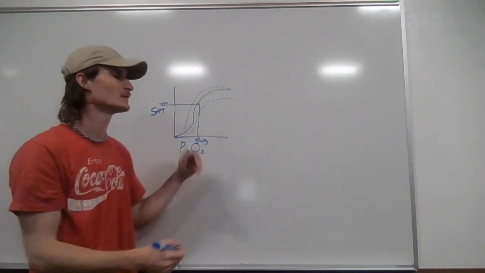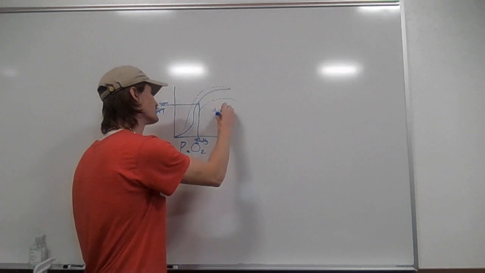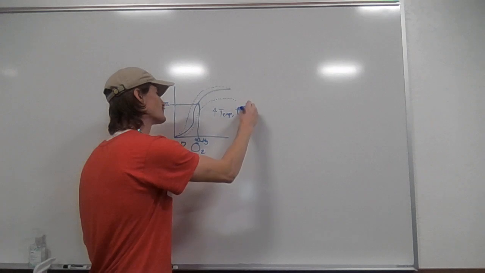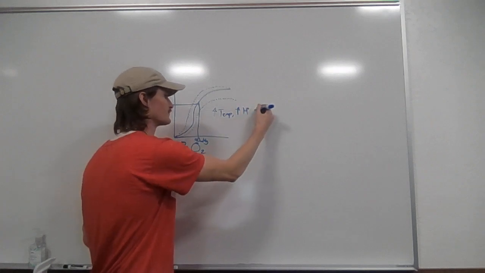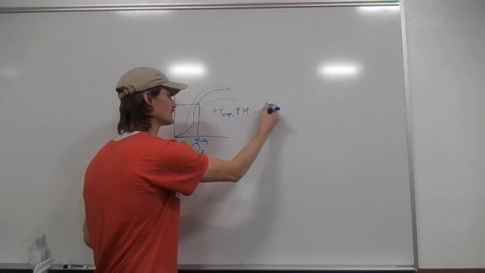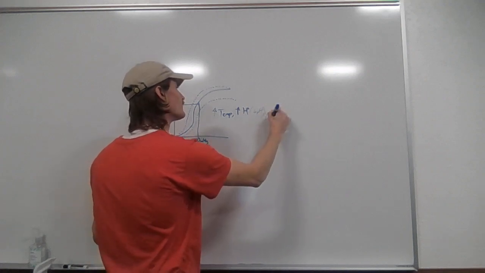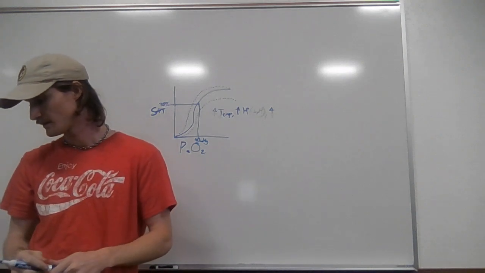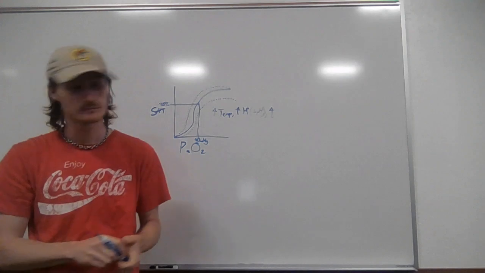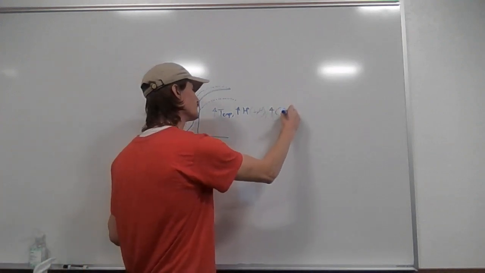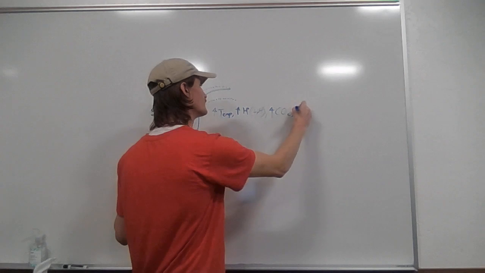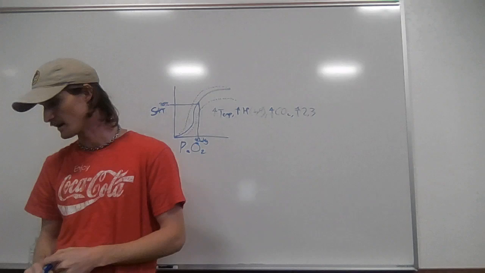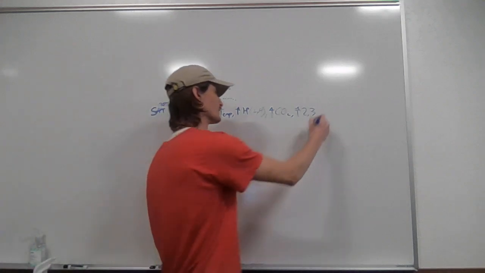So if we have an increase in, let's do temperature. If we have an increase in hydrogen ions, so I'm just going to put decrease pH, because that's what that means. If we have an increase in CO2, if we have an increase in 2,3-BPG.